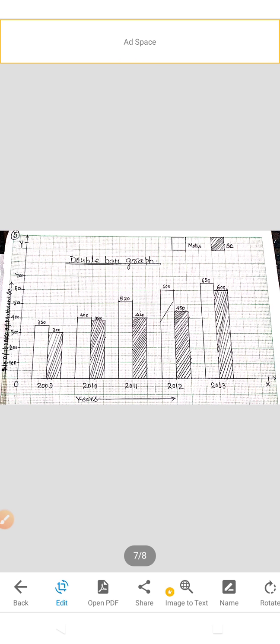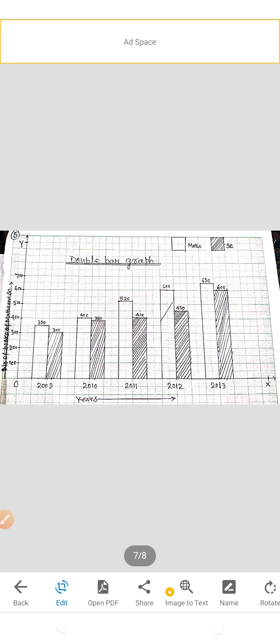Now question number 5. The following data gives the number of mathematics and science books purchased by a library during different years. Draw a double bar graph. According to the question, first of all draw a horizontal line, OX, called the x-axis.